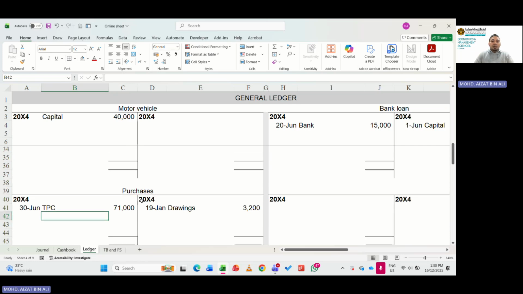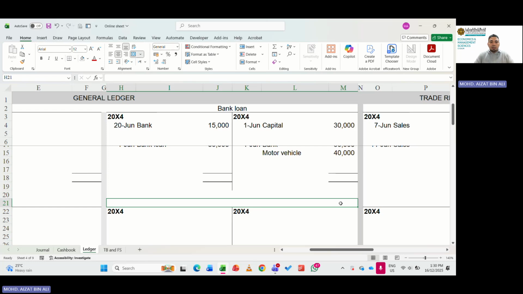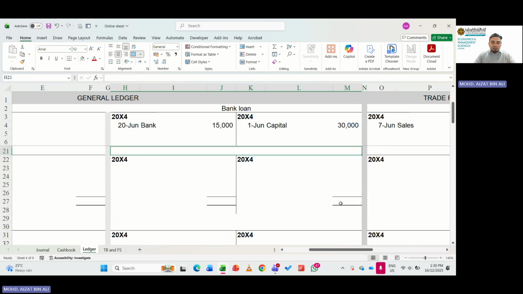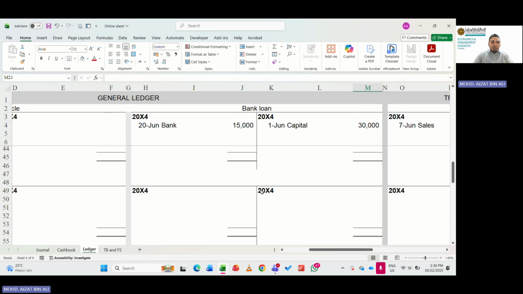Since we haven't opened the TPC account yet, let's open TPC here in the general ledger. Trade payable control. TPC is on the credit side. 30th June purchases, the amount was 71,000. Was it 71,000?